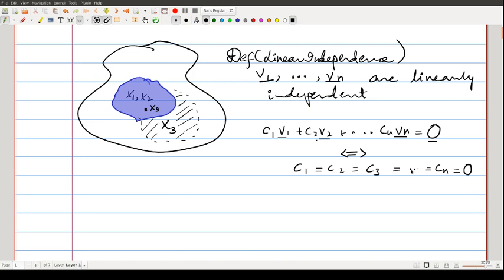So if even one of these coefficients is non-zero and the result is 0, then you don't have linear independence, right?